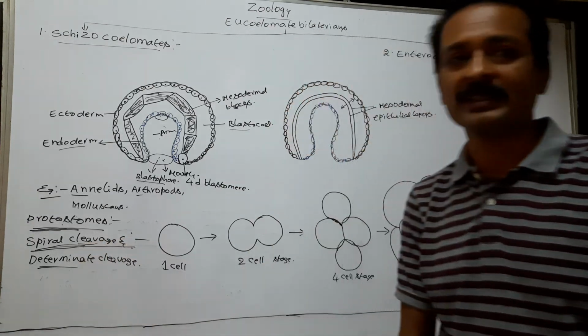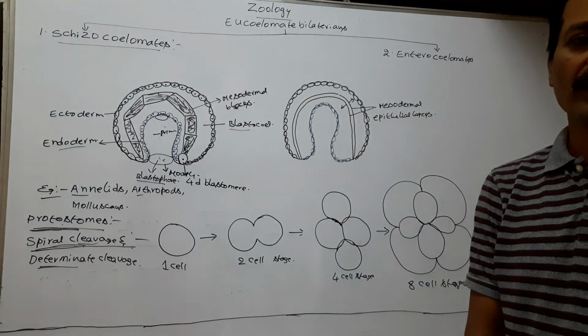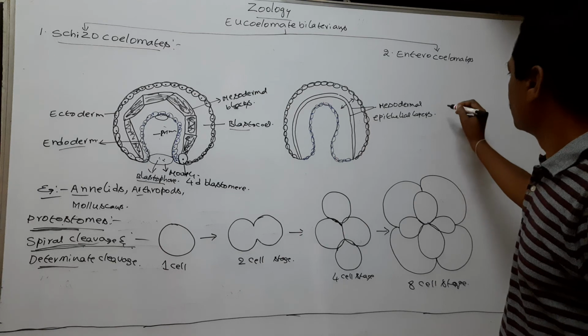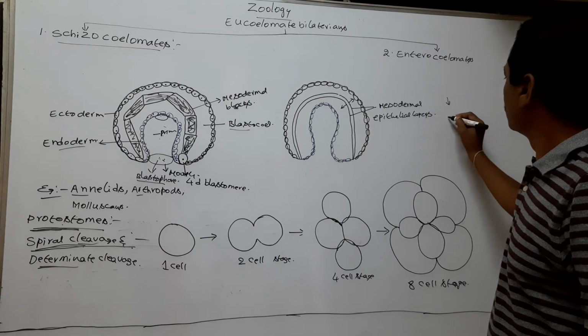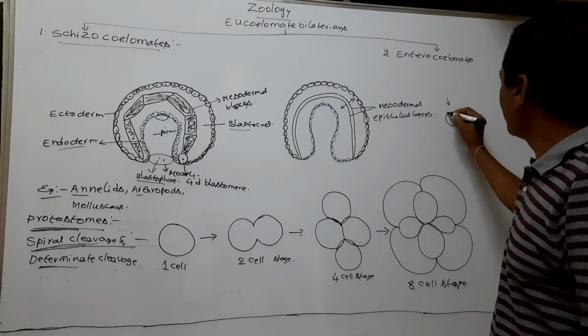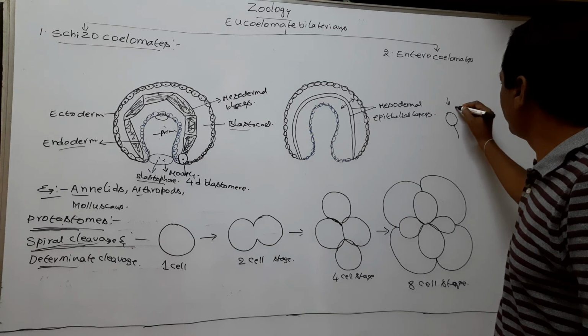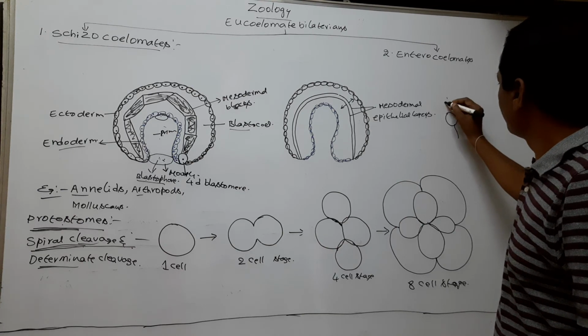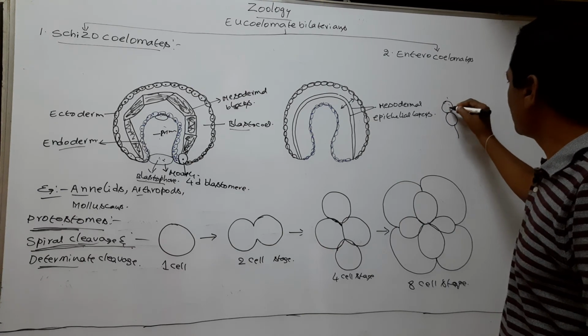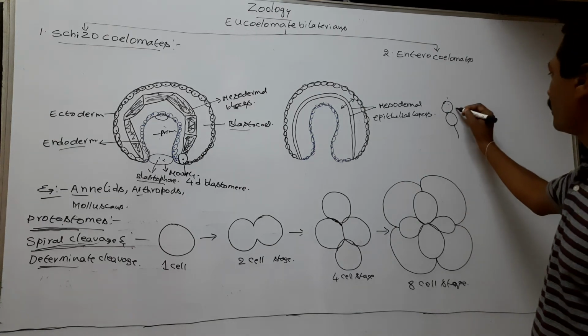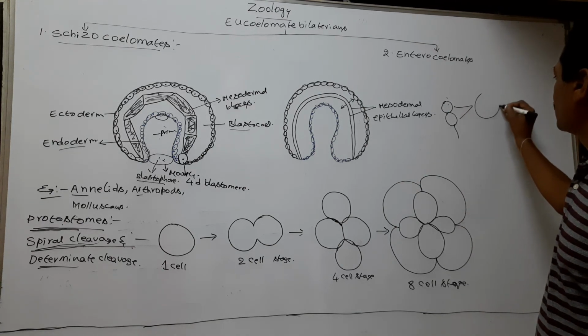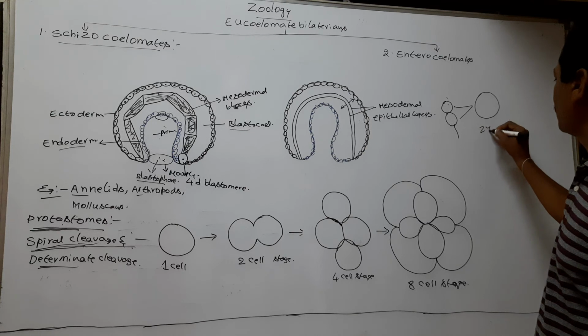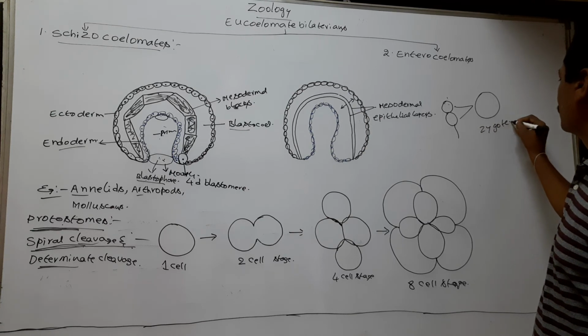What is cleavage? The male gamete and female gamete fuse with each other to form a single cell. This is called the zygote.